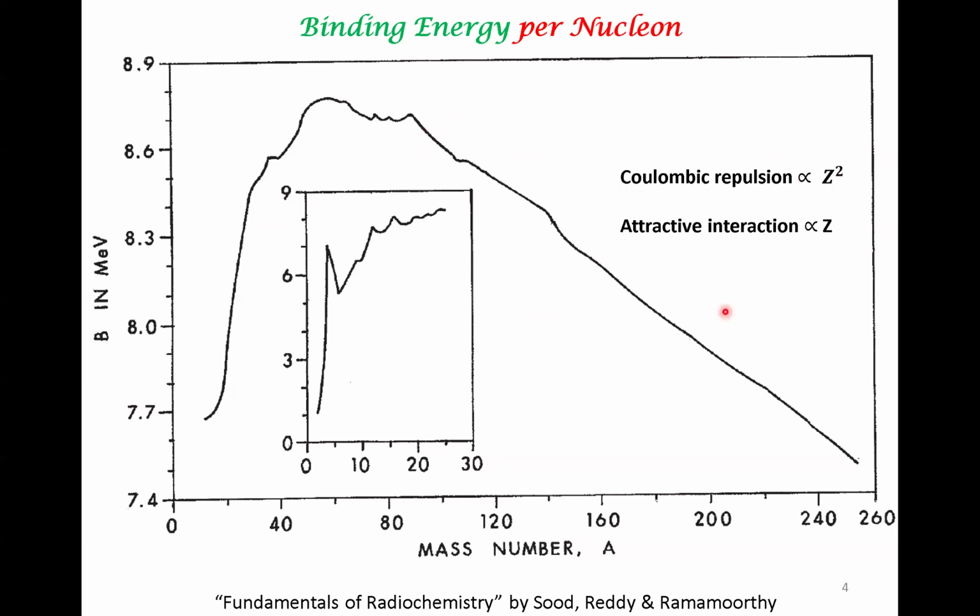So Coulombic repulsion dominates here, and the binding energy decreases. In this case, the reason why the attractive interaction increases in this region, this is the dominant effect. Slightly more complex because this is because of strong nuclear forces, which is very short ranged. This is more long ranged than this.